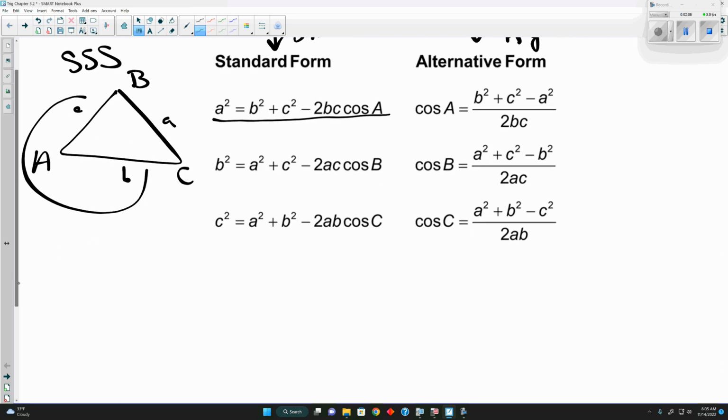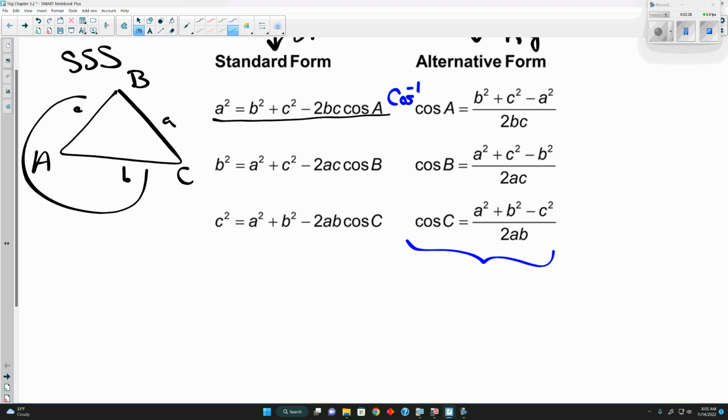Now, for the most part, I don't necessarily put it in this form here to start with. I don't see why it makes a whole lot of sense. In that, for us to find angle A, B, or C, given one of these formulas, I'm going to have to apply the inverse function at some point.